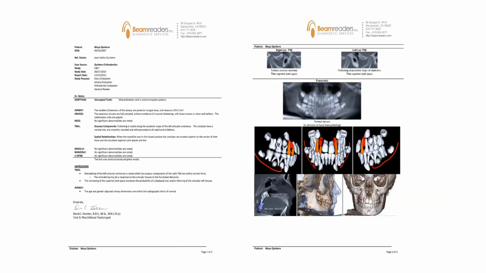Okay, this was just an example of, is the image diagnostic enough? Is the image at 11 microsieverts diagnostic enough for a radiologist to interpret it? So I did a test, and I sent this to Beam Readers, which is the radiology group that I use on some of my cases, not all of them, select ones. And they didn't know the microsieverts, they didn't know the exposure time.